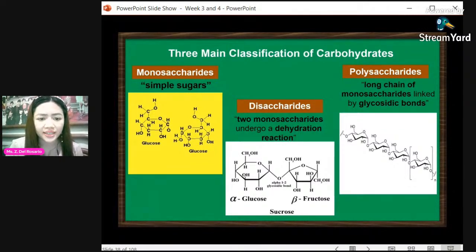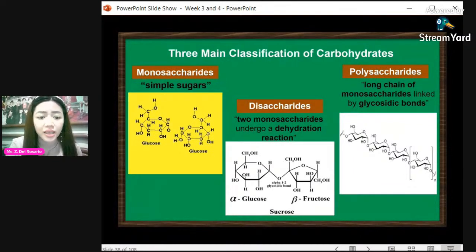And in here for disaccharides, it means that there are two monosaccharides undergoing a dehydration reaction, or what we call the condensation reaction. Finally, or lastly, would be polysaccharides. For polysaccharides, it would be referring to how many saccharides are already present.